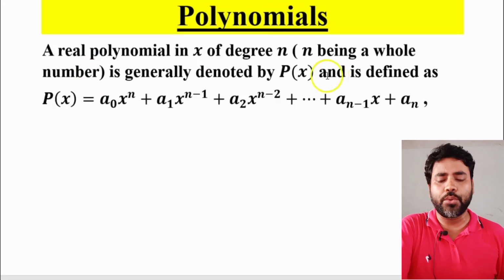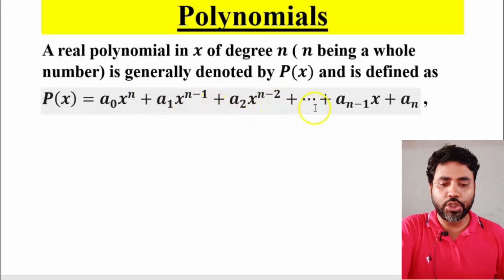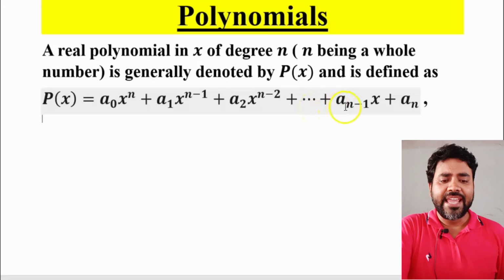So a real polynomial in x of degree n is generally denoted by p(x) and is defined as p(x) equals a0 x to the power n plus a1 x to the power n minus 1 plus a2 x to the power n minus 2 plus dot dot dot and so on, a(n minus 1) x plus an.